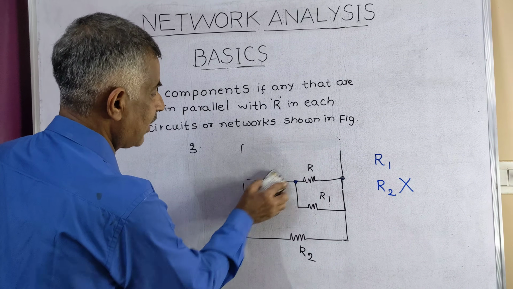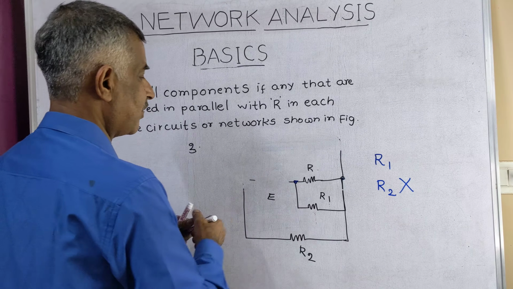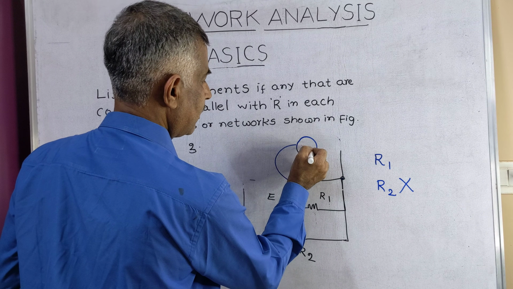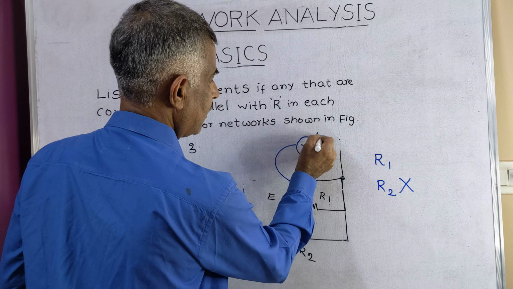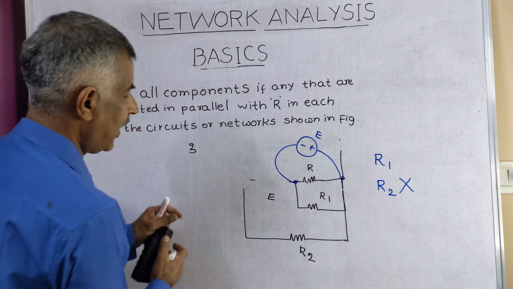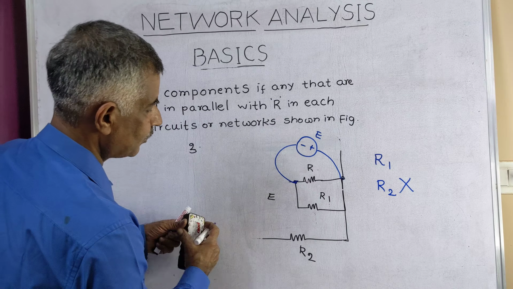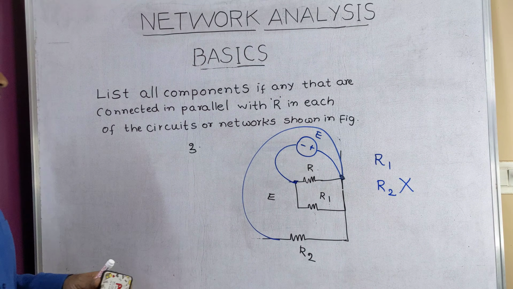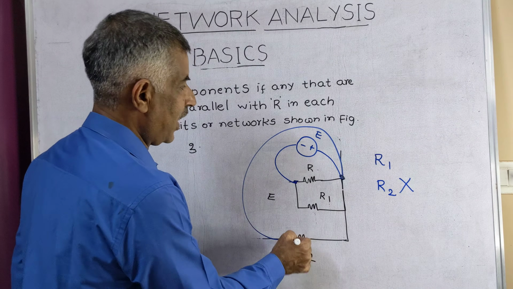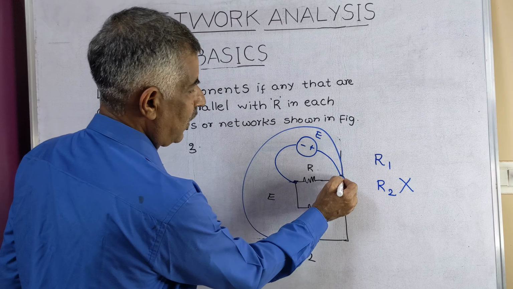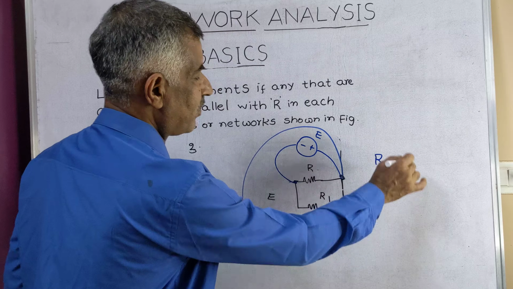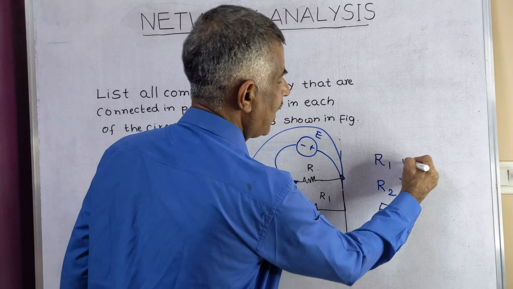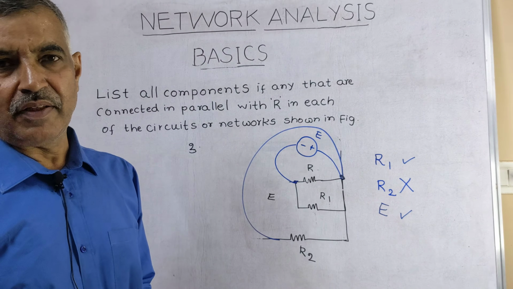That means it is like this, and R2 is also here. Now both the ends of R2 are coinciding, therefore R2 is not in parallel, but E is in parallel. E is in parallel and R1 is in parallel. Thank you.